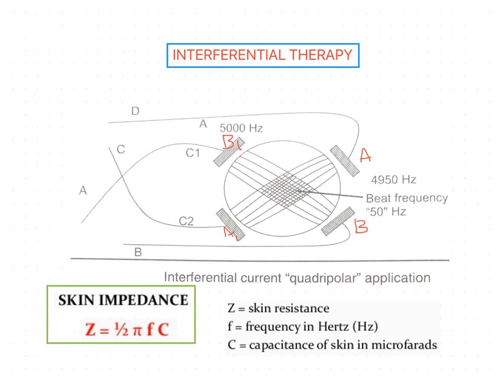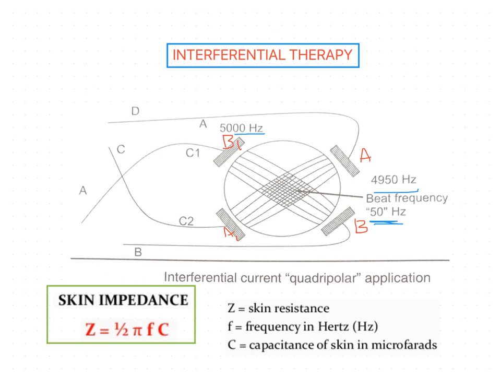Okay, so the interferential therapy is a form of electrical treatment in which two medium frequency currents are used to produce a low frequency effect. Already we have low frequency currents. Why are medium frequencies used?